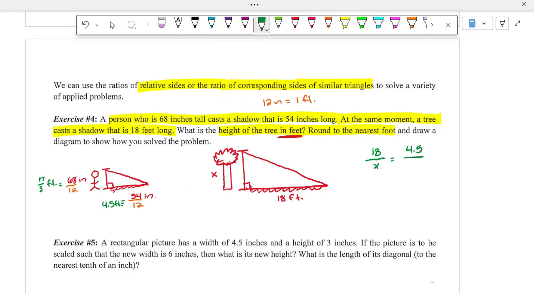X. What would go underneath the 4.5? 17 thirds. I'm going to put that in parentheses. Now, it's not too bad because what's all we got to do? I'll give you a hint. It's one of y'all's favorite things to do. Cross multiply.